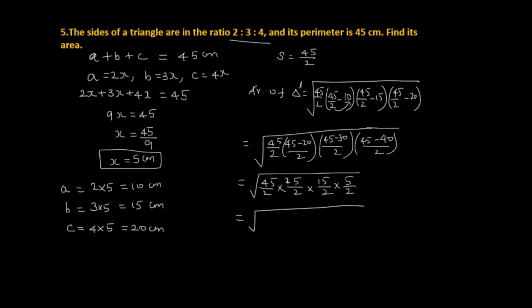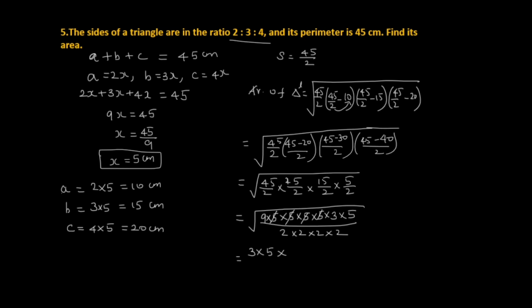Now 45 can be written as 9 into 5, 25 as 5 into 5, 15 as 5 into 3, then 5, and in the denominator we have four 2s, 2 into 2 into 2 into 2. Now in the numerator, removing the square root, 9 is a square number, so the square root of 9 is 3. For these two 5s, we can take one 5 outside.